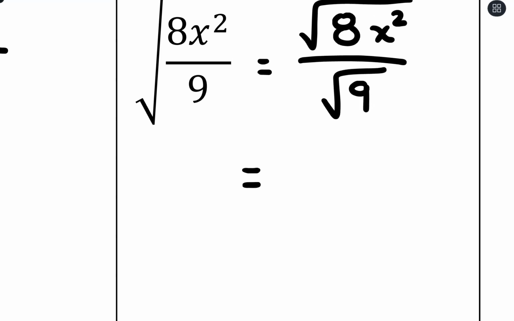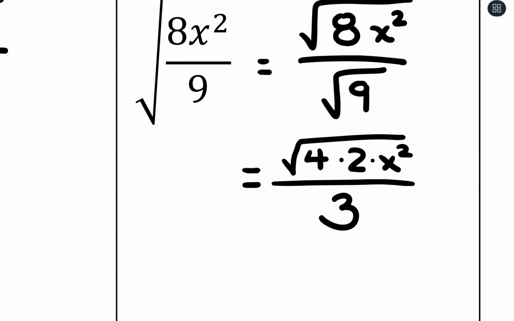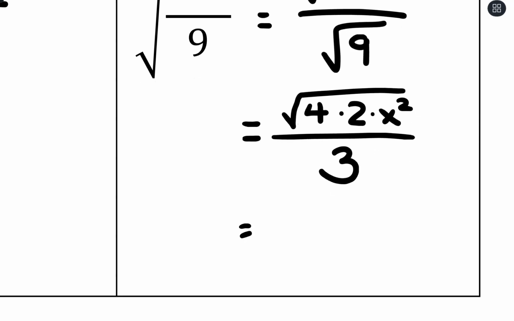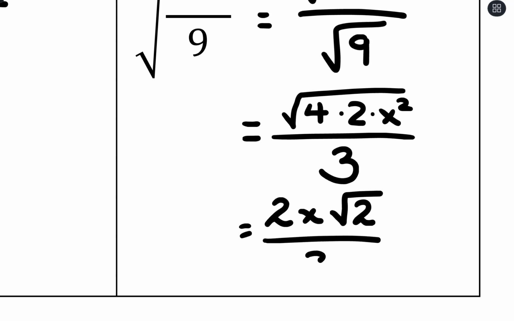So for the square root of 8x squared, what I could do is think of 8 as a 4 times 2 times x squared. Square root of 9 is a positive 3. And then I could see up above, the square root of 4 would bring a 2 outside, square root of x squared would bring x outside, and then I would still have a 2 trapped underneath, all over 3.